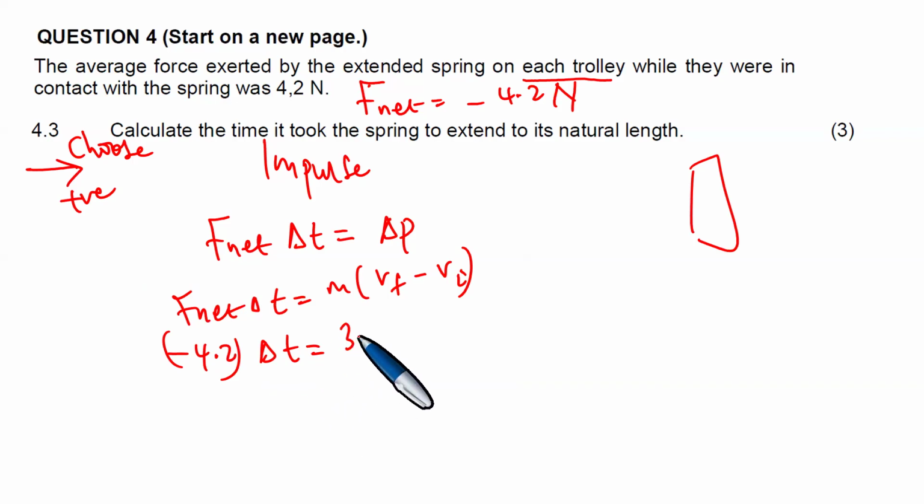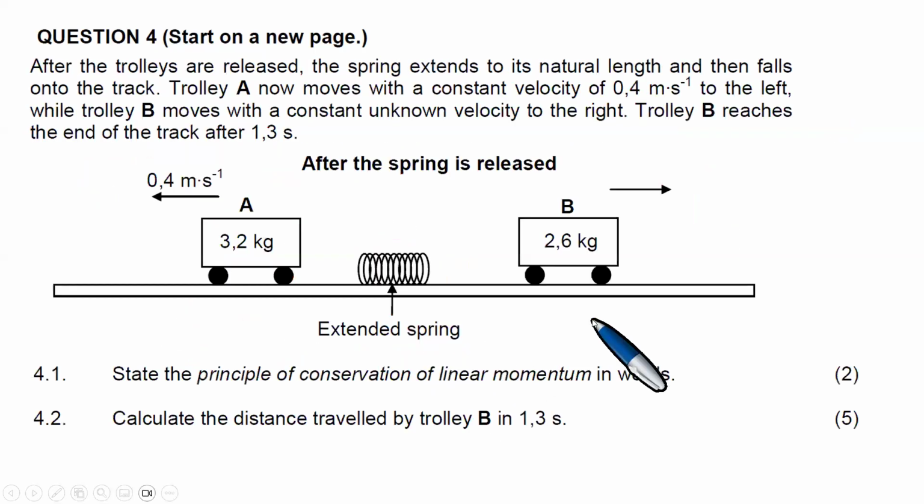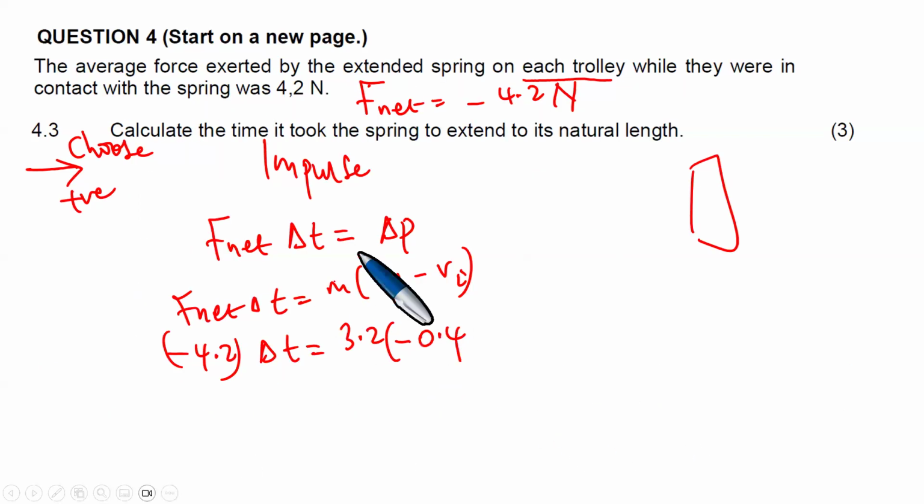So that you have 3.2 kilograms. The final velocity of trolley A became what? 0.4 meters per second, minus. But obviously we know very well that the initial velocity of trolley A was 0 because there was no motion.